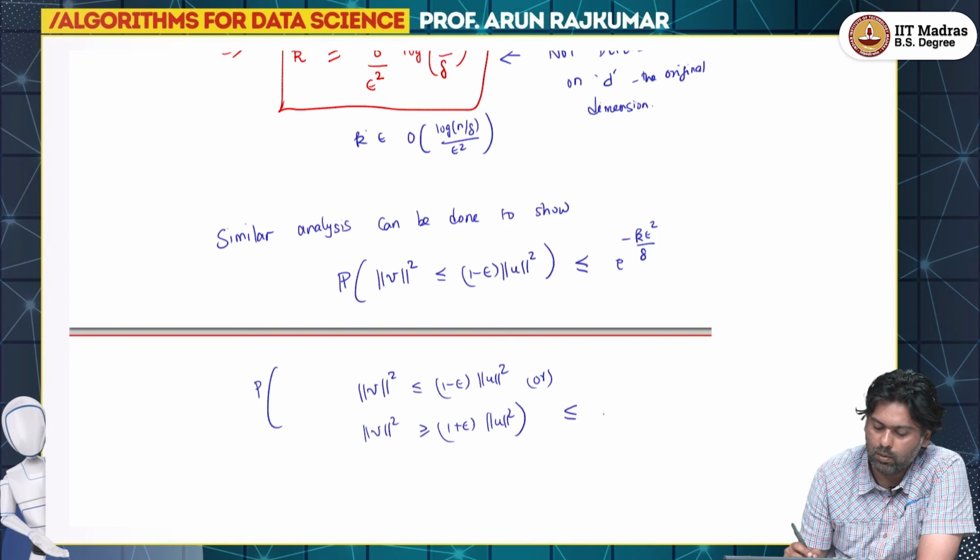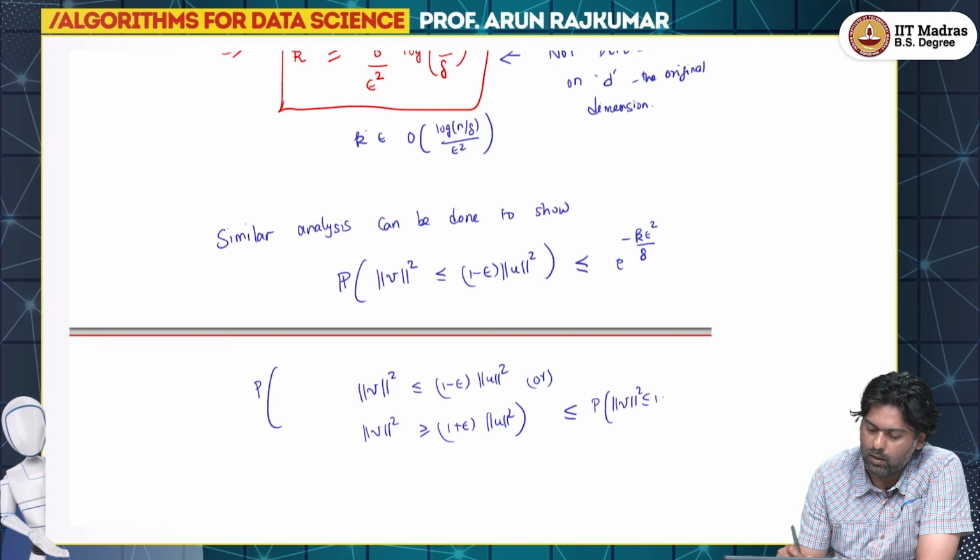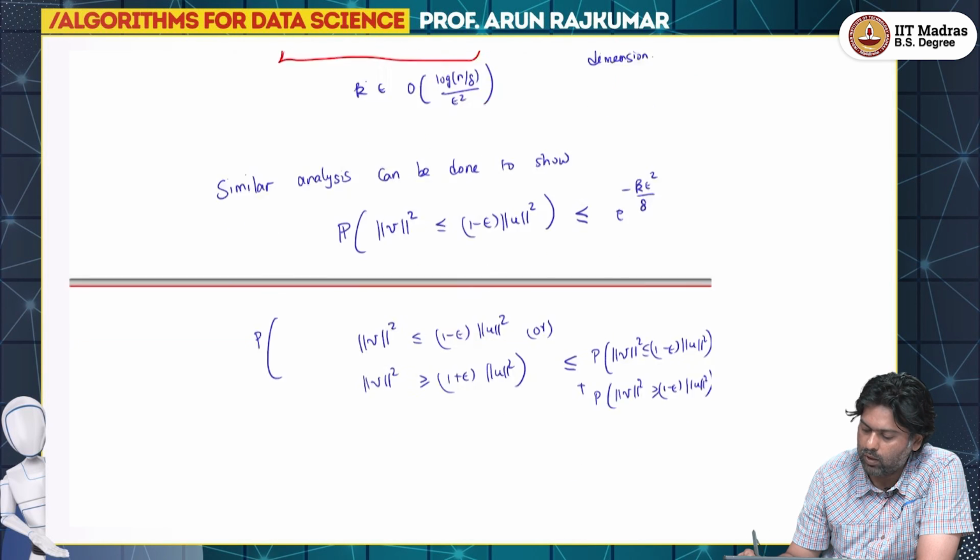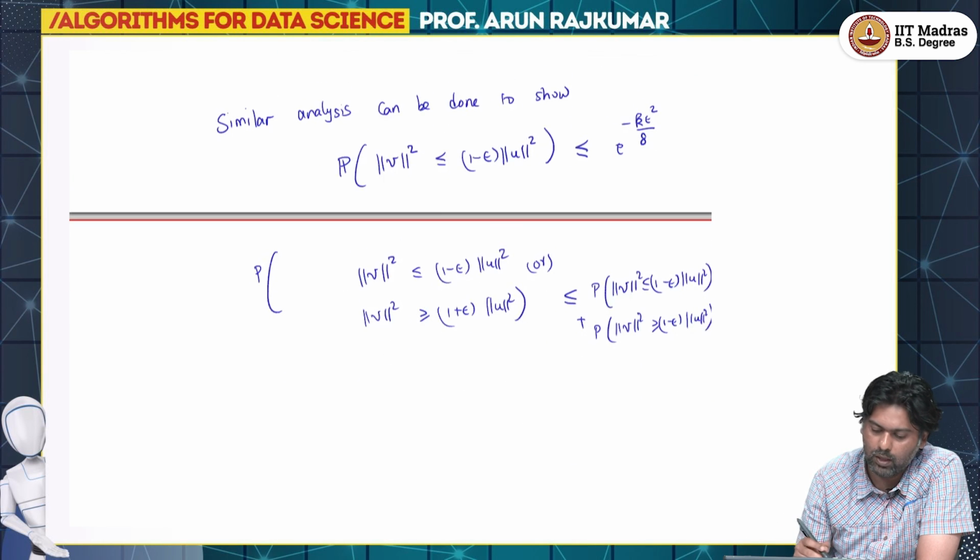I can say that this is at most the probability that v squared is less than 1 minus epsilon u squared plus the probability that v squared is greater than or equal to 1 plus epsilon u squared. But then we know both these probabilities: we showed one, the other is similar to show. So, this is less than or equal to 2 e power minus k epsilon squared by 8.